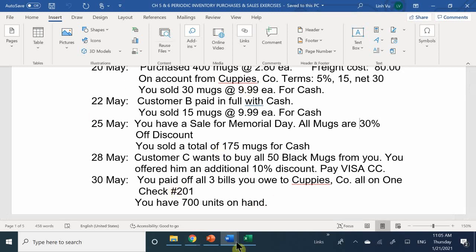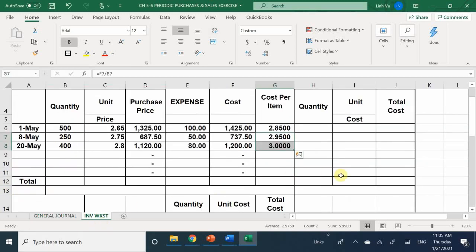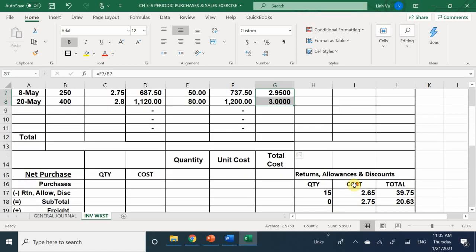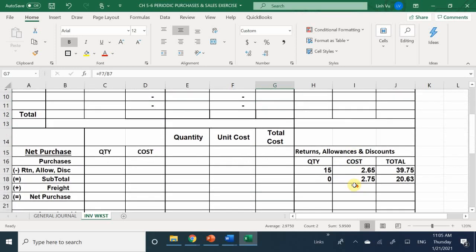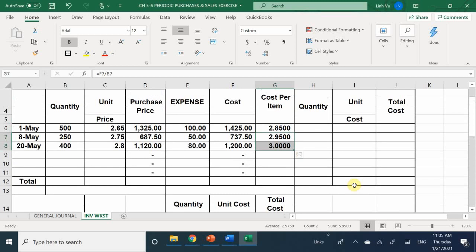Now, let's go look at our amounts and then look at our returns as well, because we did quite some returns as well as some discounts that we got. So first things first, let's go ahead and recognize here. So let's go ahead and do it right here to see how much stuff we actually have.